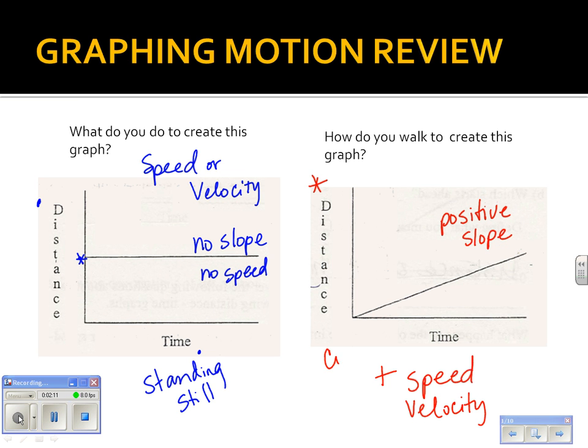The reason I know that it's a constant speed forward is because it is a straight line. If it had been a curve, I would have been changing speeds. But since it's a straight line, I am going a constant speed forward.